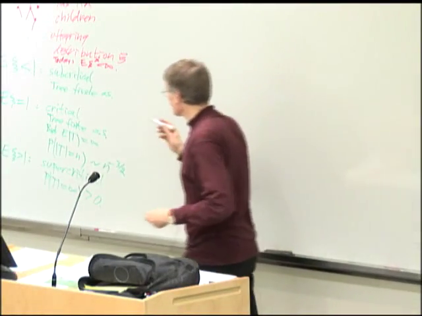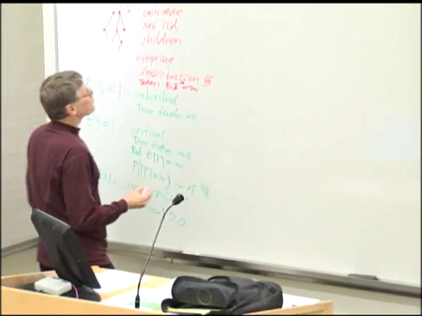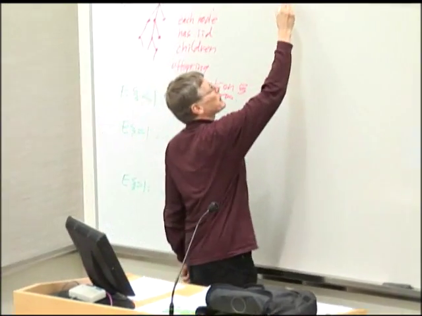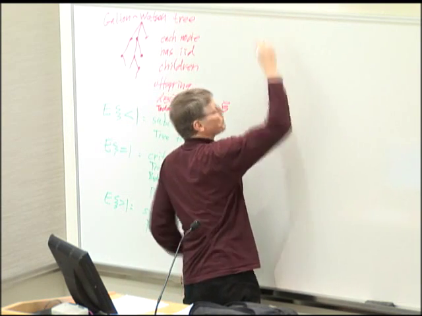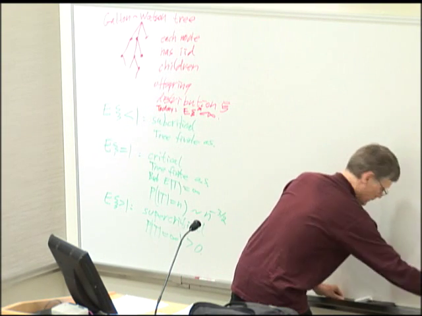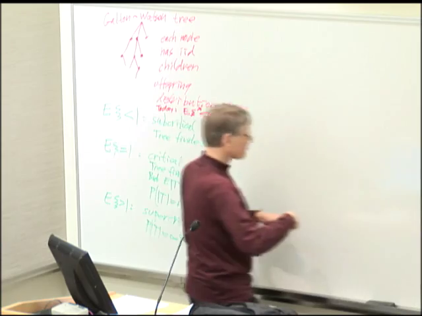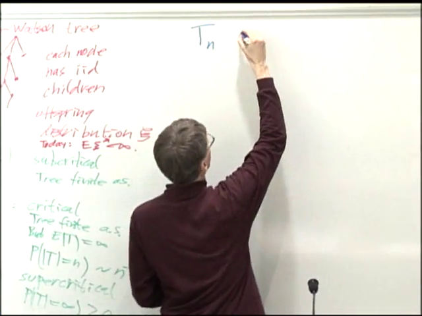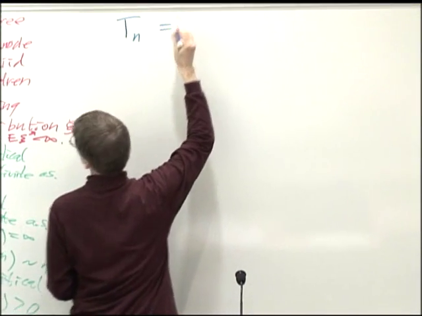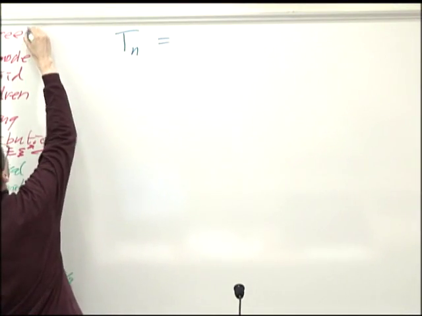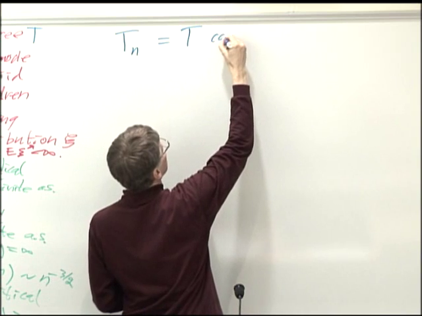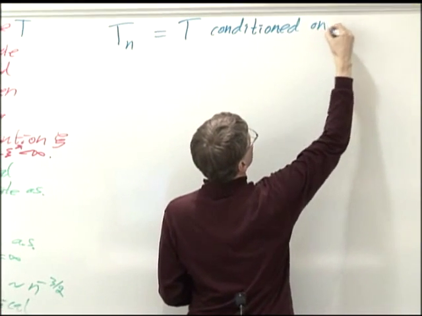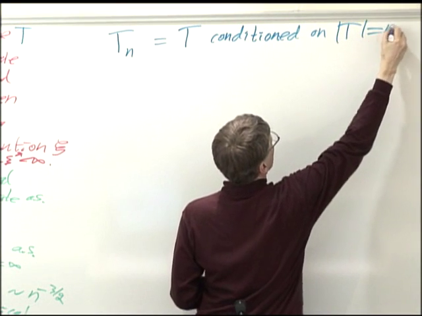Now, I'm going to talk about conditioned trees. It means we condition on the size. So let's say Tn is this Galton-Watson tree T conditioned on the size being exactly n.